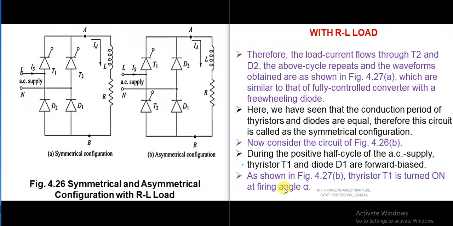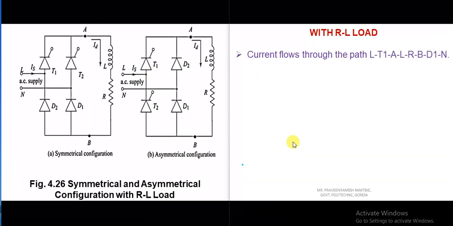And when SCR T1 is fired after a firing angle alpha, it will turn on. Now the current will flow from line L to T1, terminal A, L, R, B, diode D1 and back to the neutral.